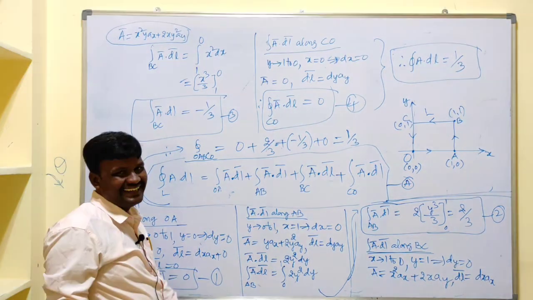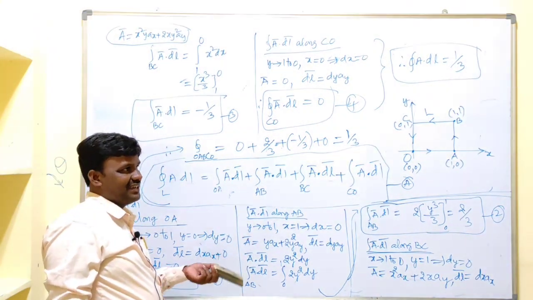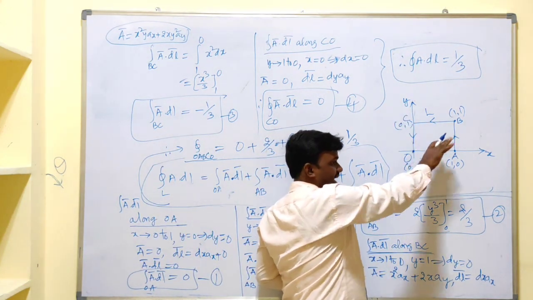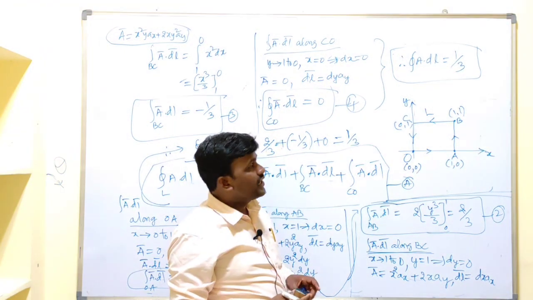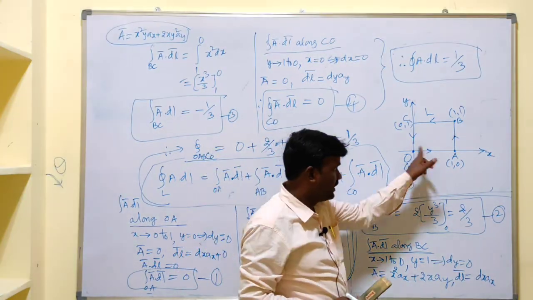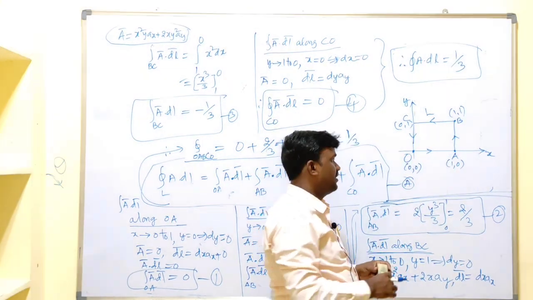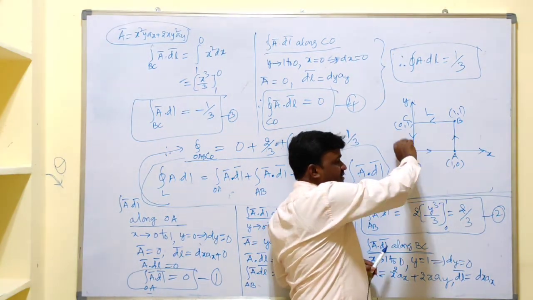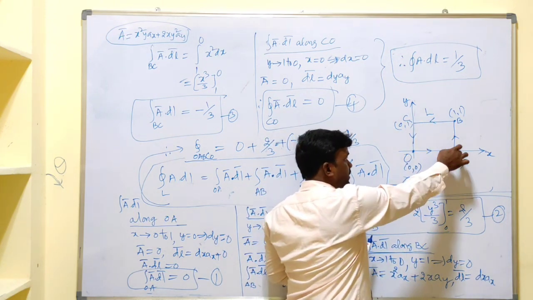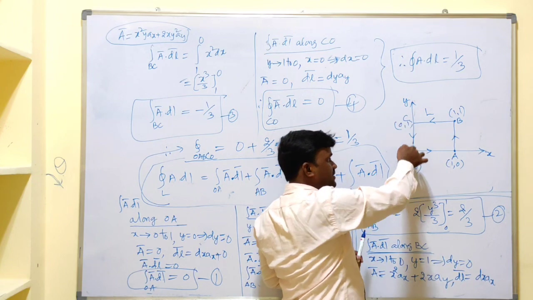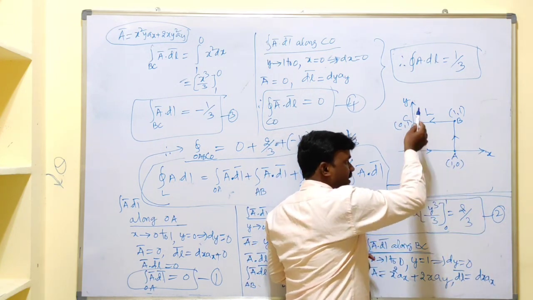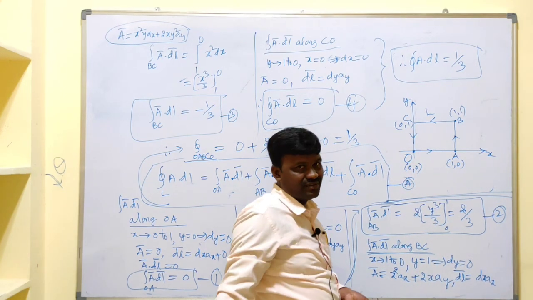This is all about the circulation of a vector A if a closed path is provided like this. In order to solve a problem like this, we need to construct a closed path, or else in the question itself they mention it: O A B C O, along OA, along AB, along BC, along CO. Along OA, that is along the x-axis or parallel to the x-axis, x is variable and y is constant.